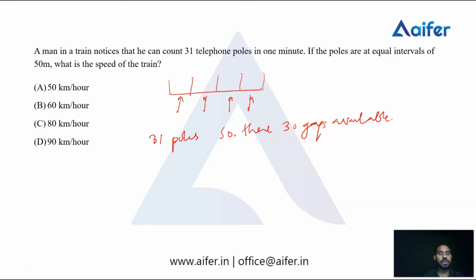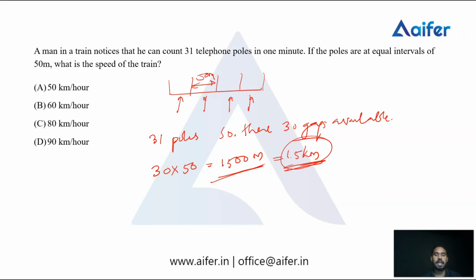So the total distance over 30 gaps is 30 into the gap between two poles, which is 50 meter. So 30 into 50 is 1500 meters, the distance noticed. So the distance traveled is 1500 meters, which is equal to 1.5 kilometer.